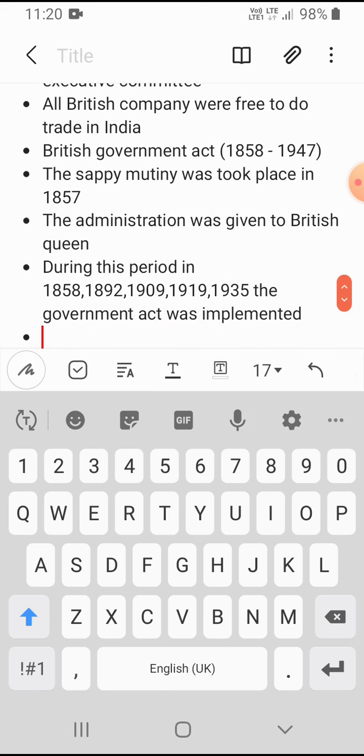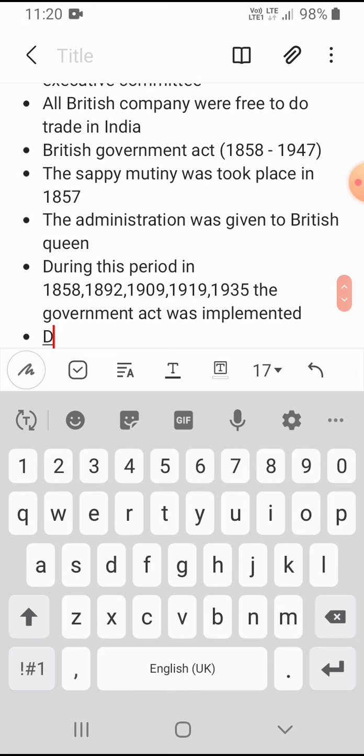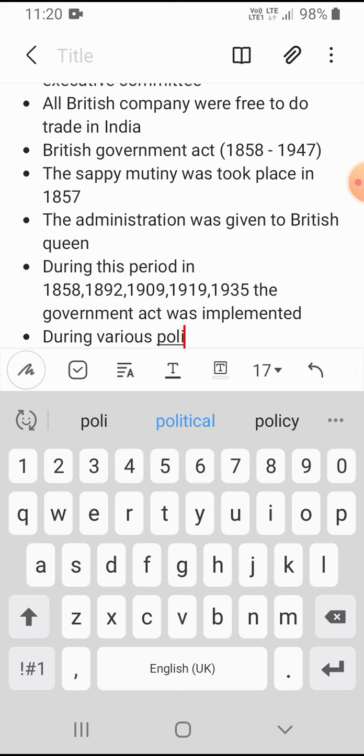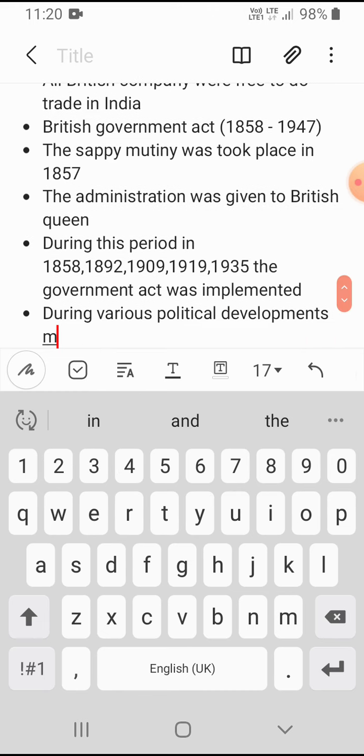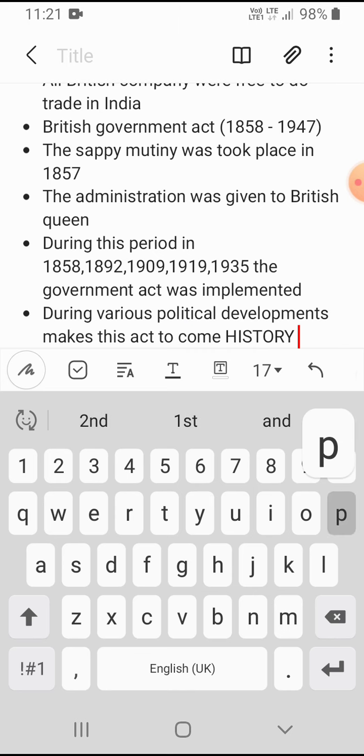As well as various political developments make this act come into the history of India.